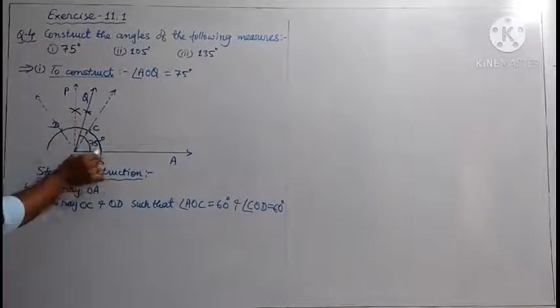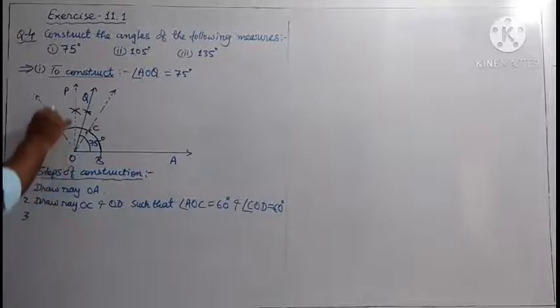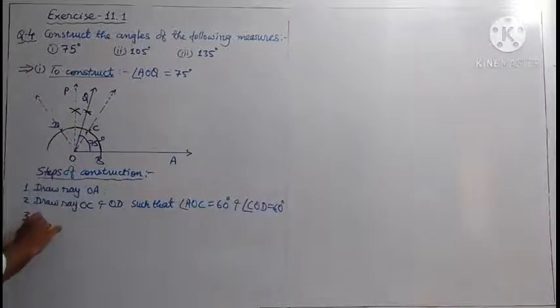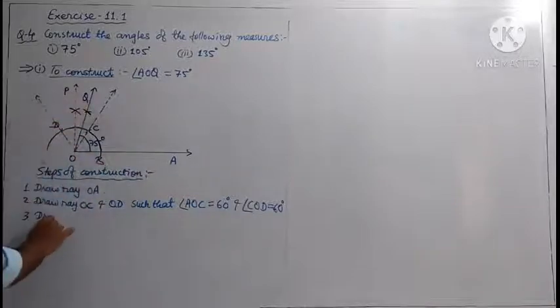So both 60. Here 60 and this also 60. Now we have to draw the bisector of this COD. So we will get 30 degree. Actually, there is angle AOP, that is 90 degree.